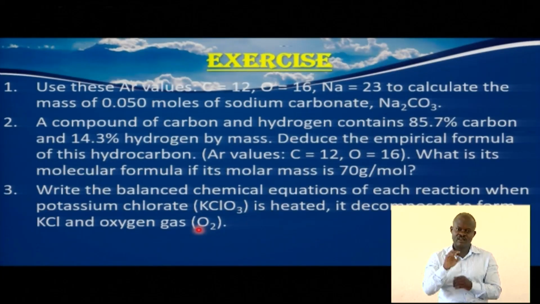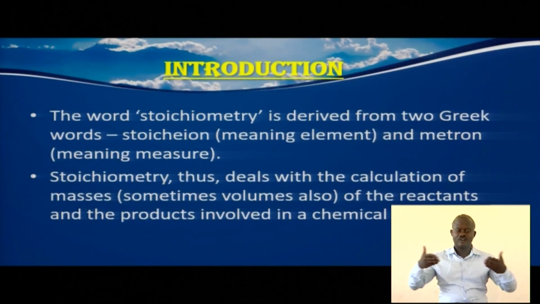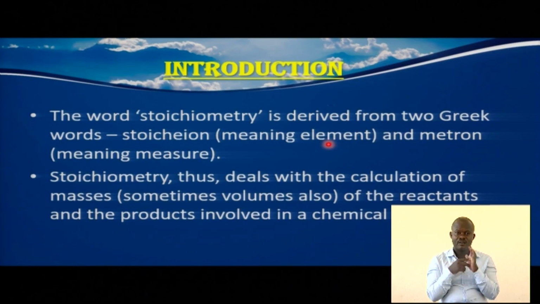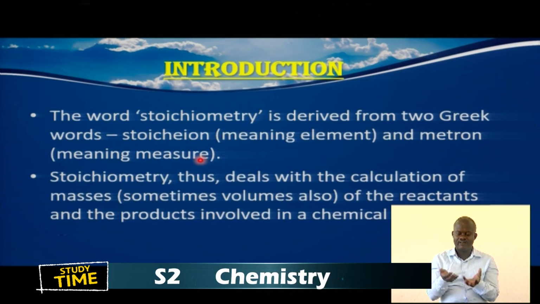Now, let us start with the introduction, which is going to explain what is meant by stoichiometry. This is a word derived from 2 Greek words, stoichion, meaning element, and metron, which means measure. We can carry out quantitative measurements of elements in a given equation.